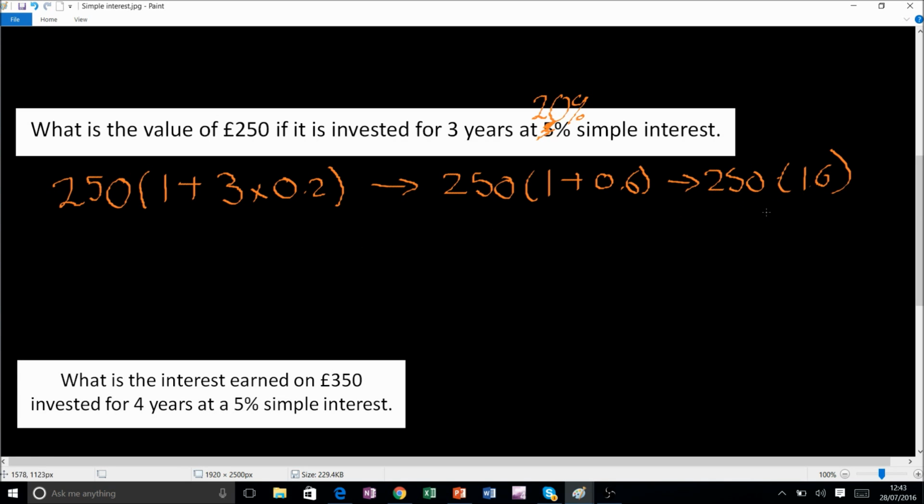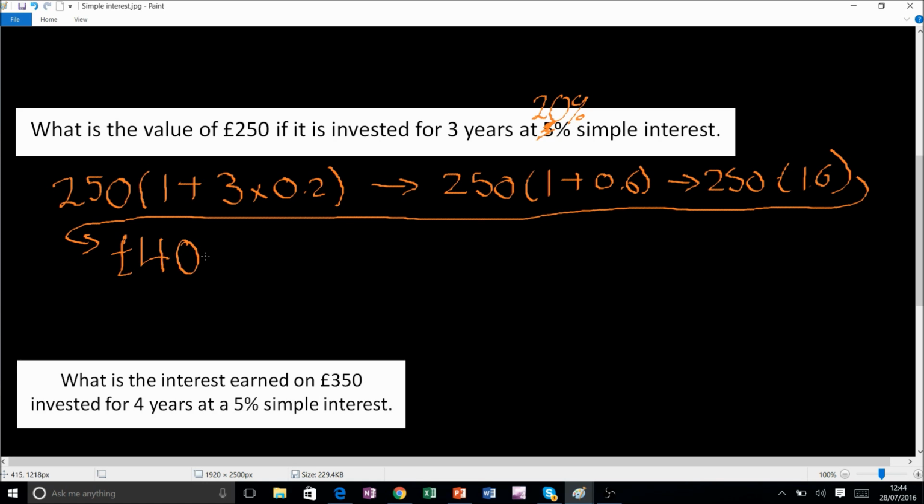Okay, and that is going to give us 250 times 1.6, which is £400. So that is that for that one.